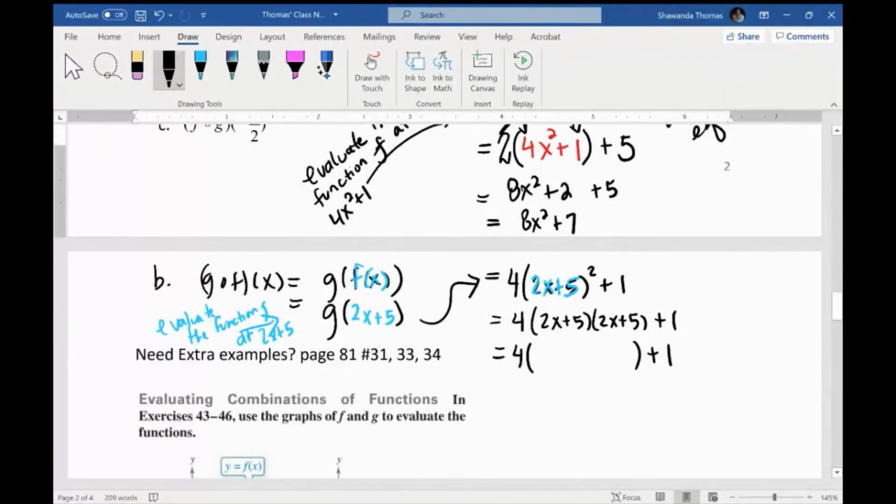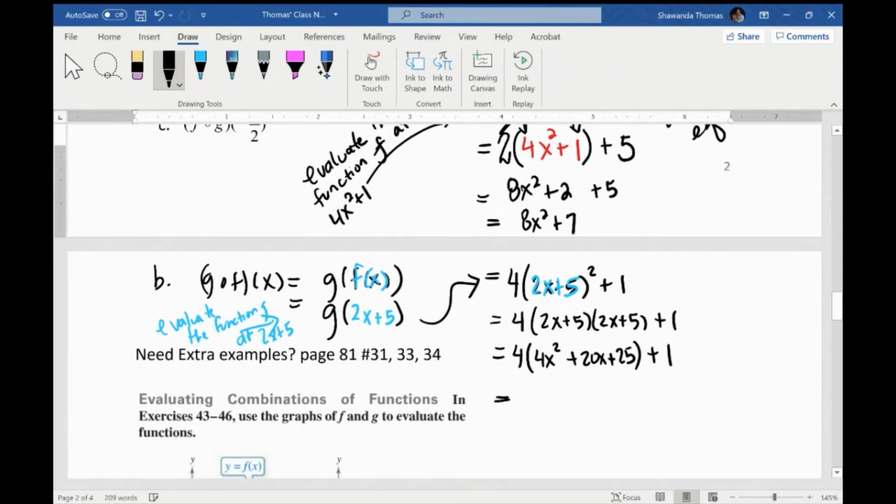Multiply and tell me what you get. 4x squared plus 10x plus another 10x, which is 20x, plus 25.